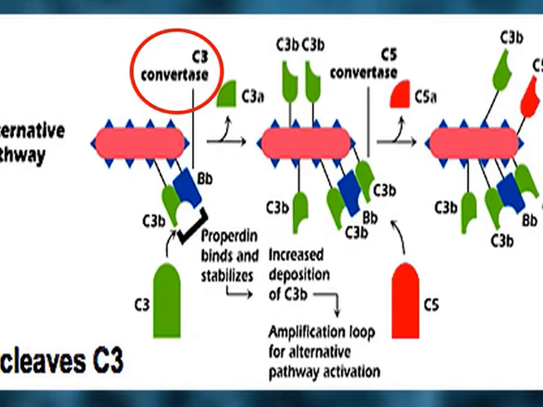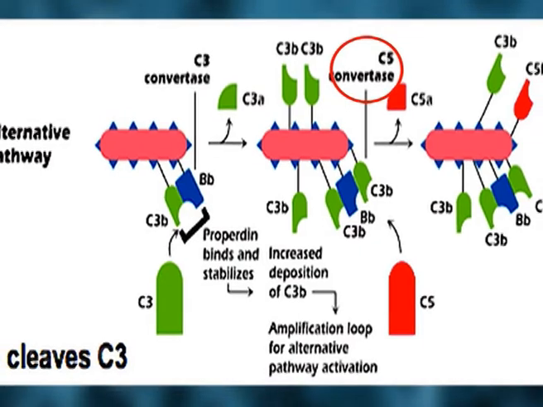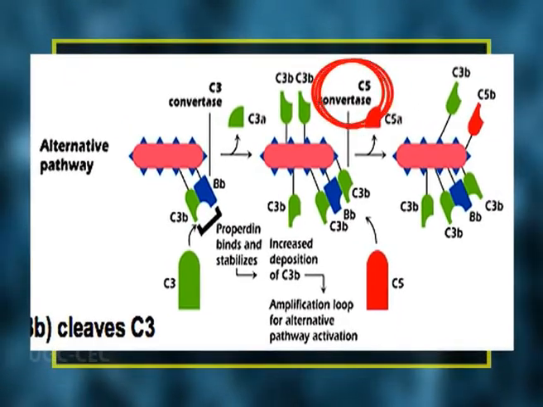Some of the C3b molecules generated by C3 convertase bind to C3 convertase itself to form the new complex C3bBb3b. This is referred to as C5 convertase, which functions to cleave C5 into C5a and C5b. This C5b component binds to the microbial surface and initiates the formation of the membrane attack complex.